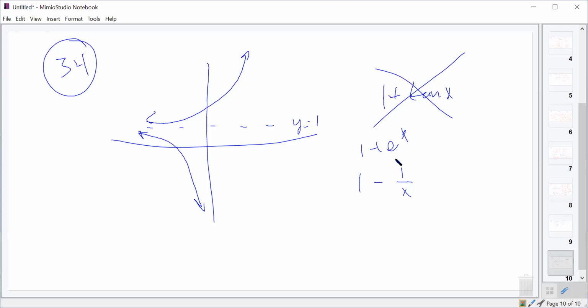What do you mean it would have 2 of the curves instead of just 1? It's a rational function, yeah. Yeah, but what does that mean? It would have 2 of the curves.